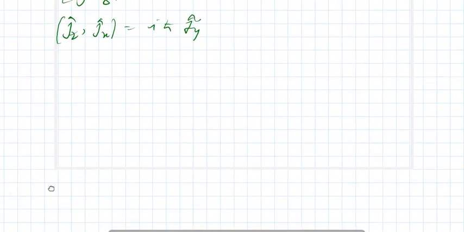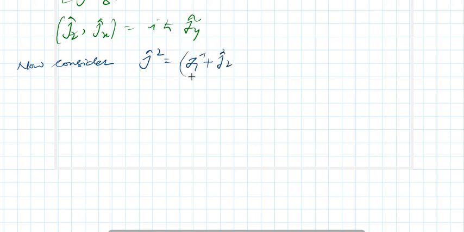Now consider J square equal to (J1 plus J2) whole square.